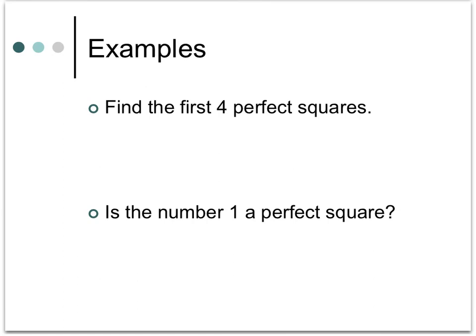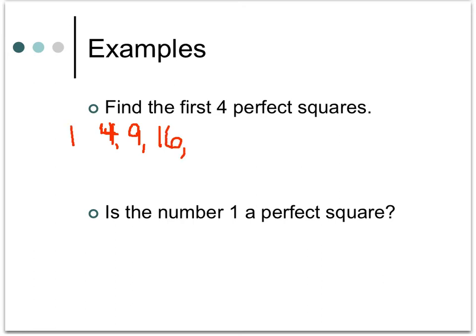So let's talk about that with more numbers. We've listed the first few perfect squares. We've talked about the number 4 as a perfect square. The next one is 9, which is a 3 by 3 square. We said a 4 by 4 square would be 16.